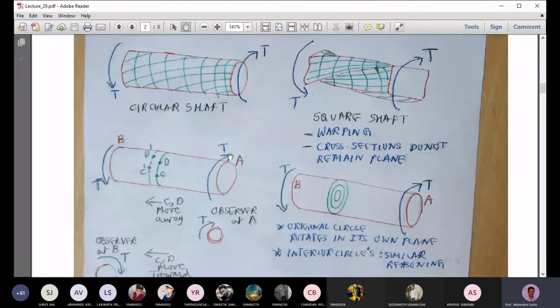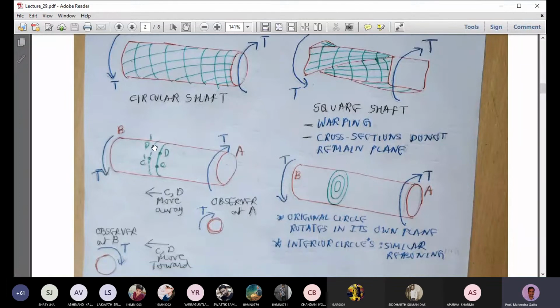Now when you apply the twisting moment, this circle will rotate and C and D will reach some points, say C prime and D prime. That will be the deformed position.